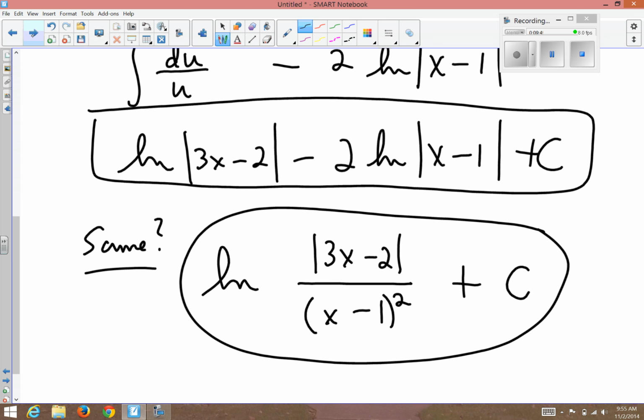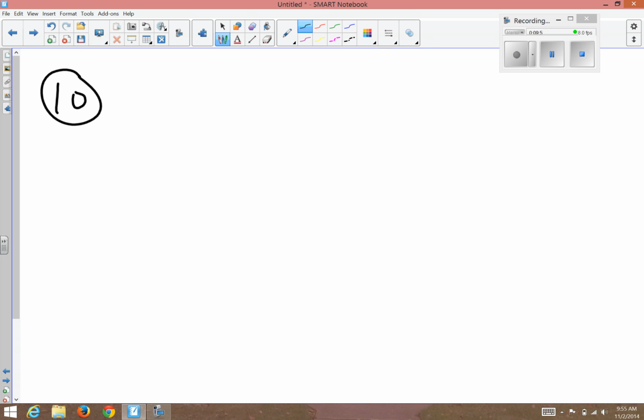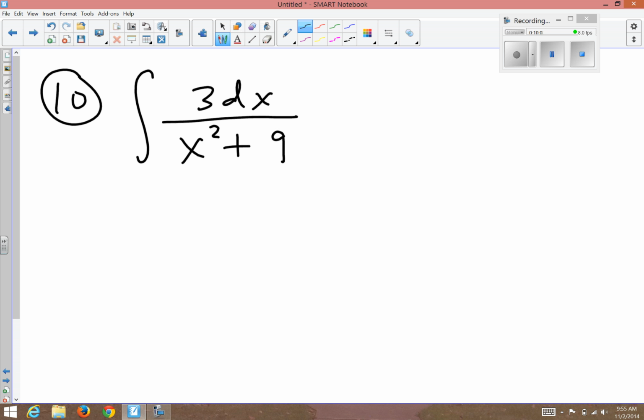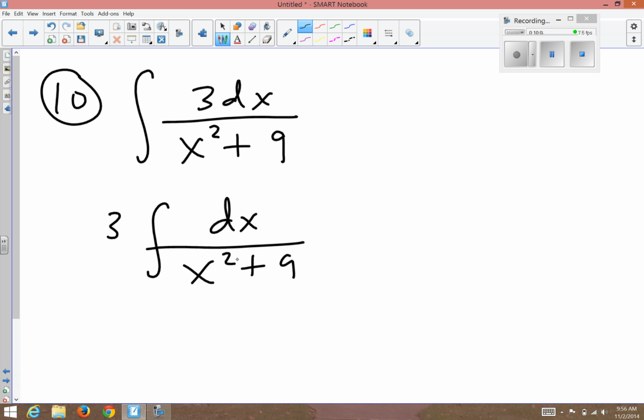Now, number 10. The integral of 3 dx over x squared plus 9. 3 comes to the left of the integral symbol. This denominator we can't factor.